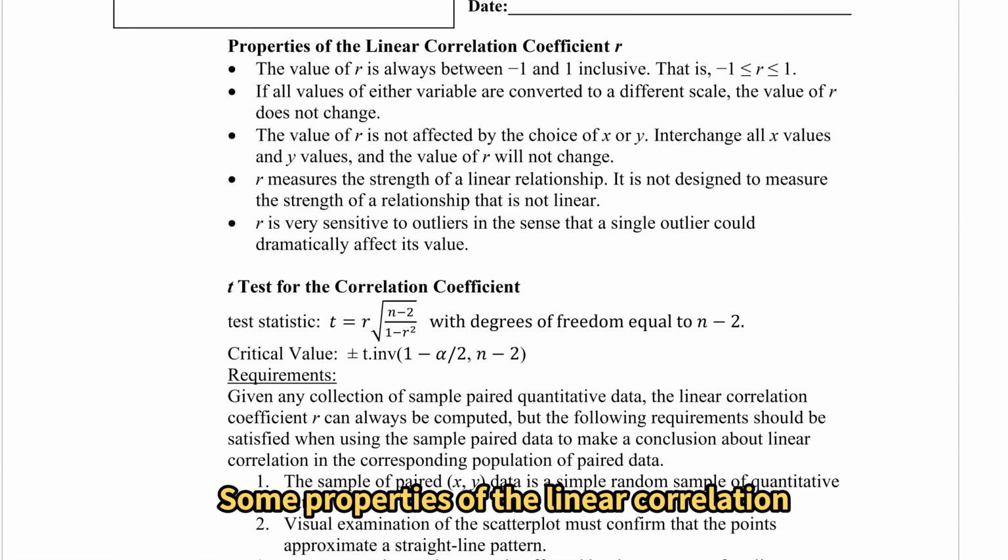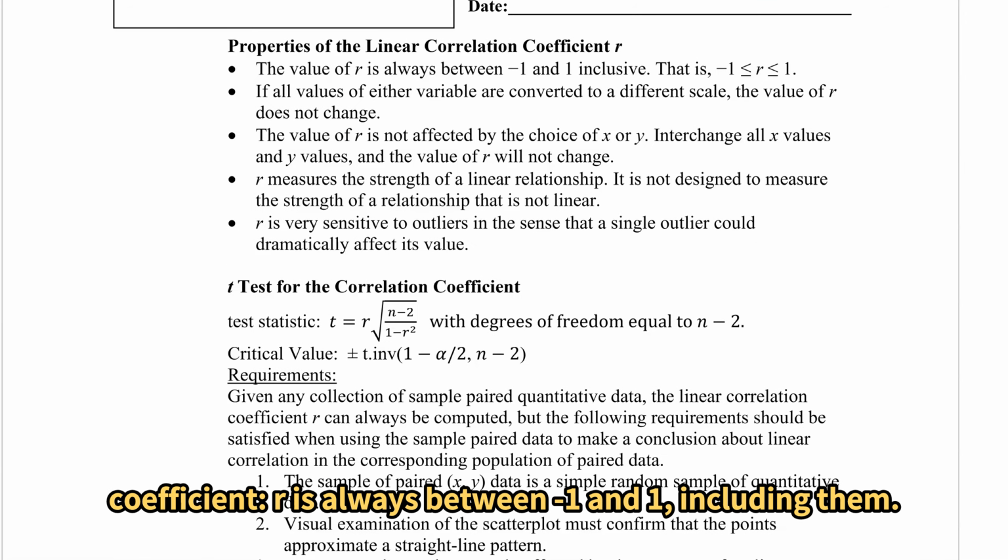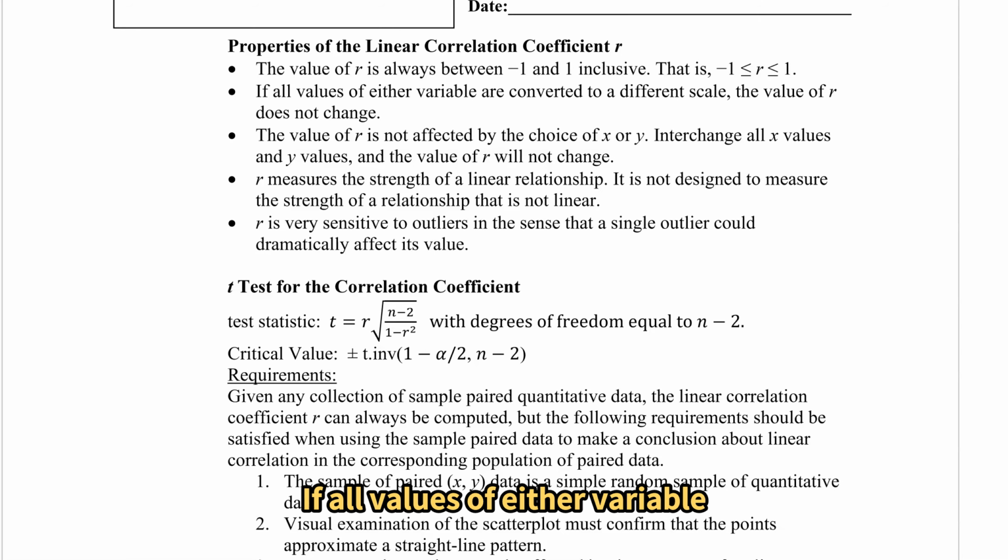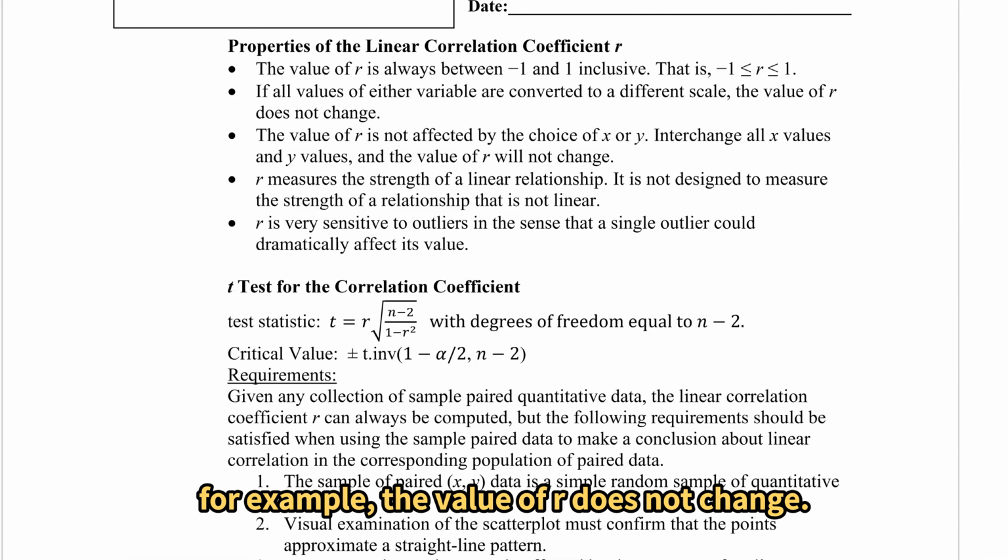Some properties of the linear correlation coefficient. R is always between -1 and 1, including them. If all values of either variable are converted to a different scale, for example, if we multiply all of the oil prices by 20, the value of R does not change.